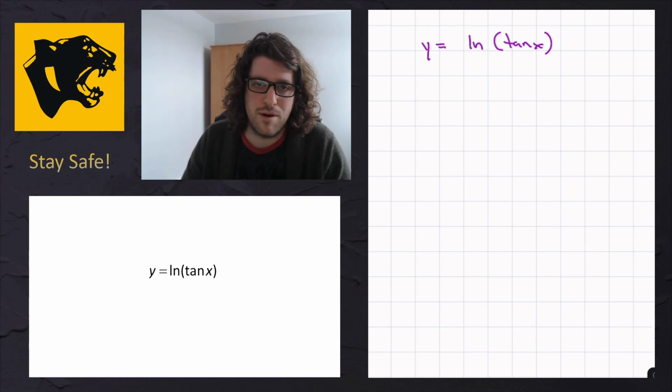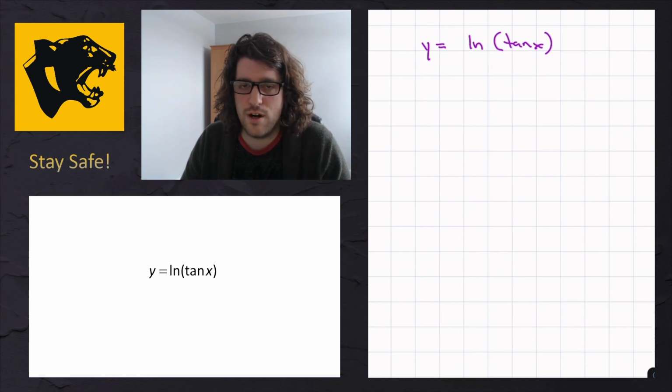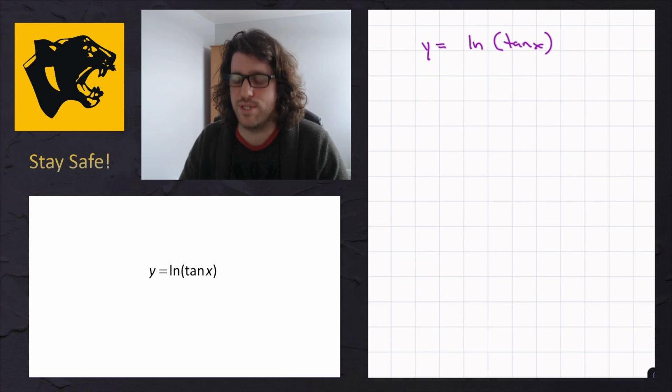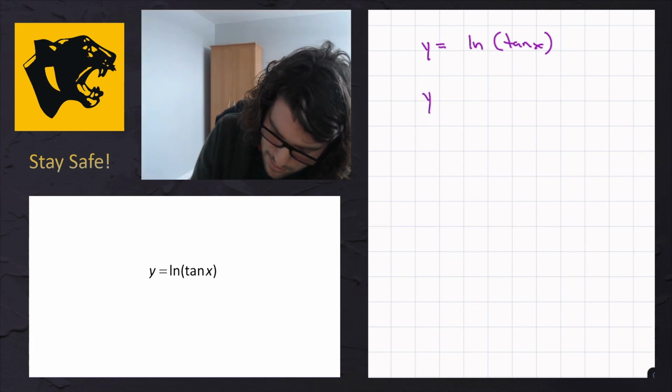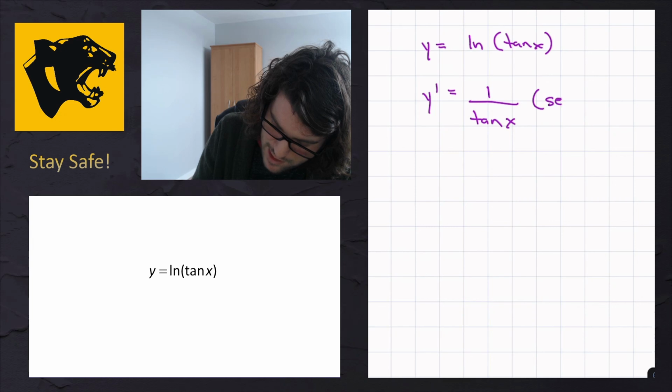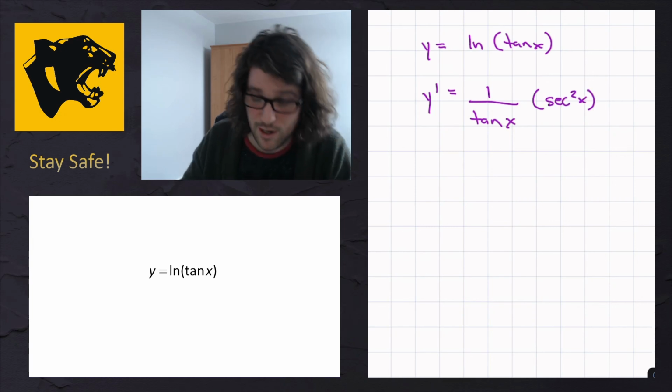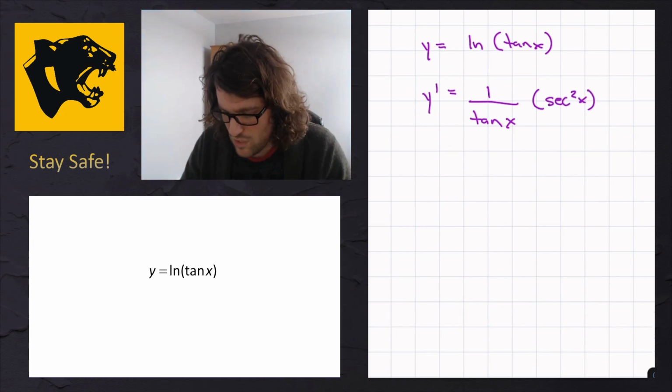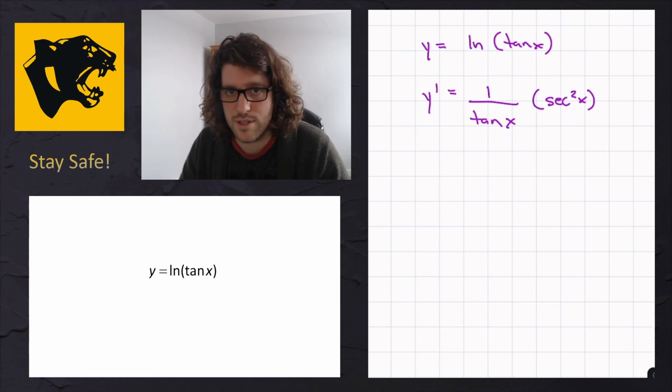Otherwise, I'll only care about this when it has a positive argument, and we'll assume that that's the case unless we're told explicitly otherwise. So y prime is equal to, derivative of the outside would be 1 over the inside left alone times the derivative of the inside, which is secant squared x. Again, we might be able to tidy that up a little bit. I'm just going to leave it the way that it is.